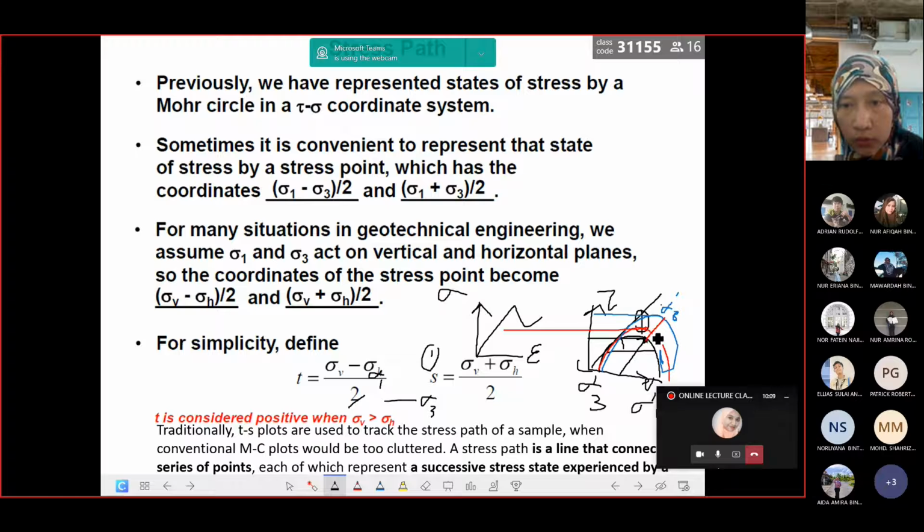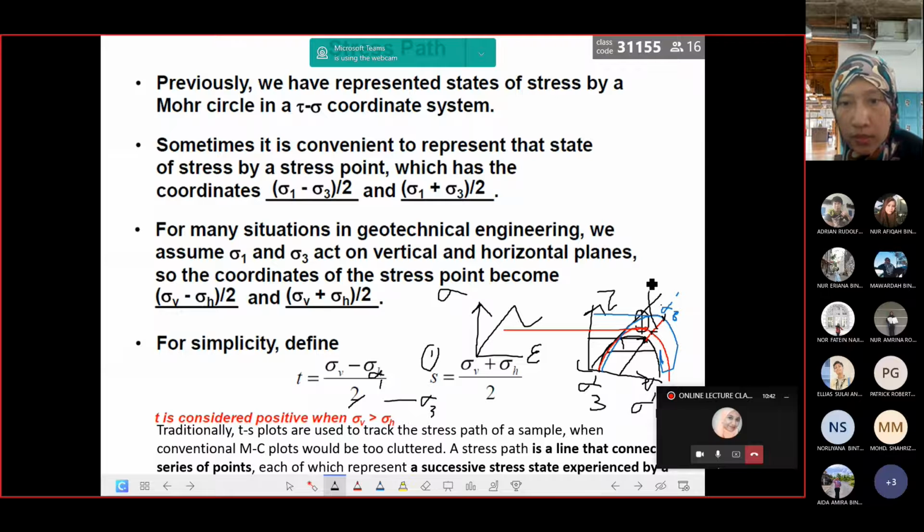So you determine the maximum shear stress for each Mohr circle, and you connect the points from the center of this circle up to the last circles here. You take point 1, point 2, point 3 for different samples here. You connect those points, and that is what we call the stress path.